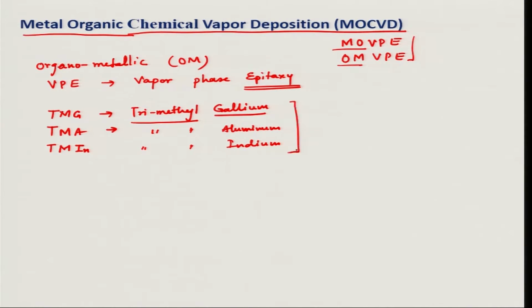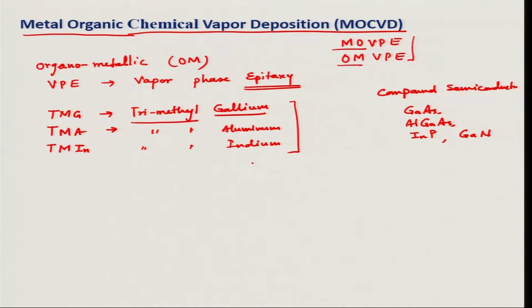Now, these react with another group, either a gas or another organometallic compound, to give you a thin film, and these are mainly used for compound semiconductors such as gallium arsenide, aluminum gallium arsenide, indium phosphide or gallium nitride. These are some of the examples of the materials grown by this metal organic chemical vapor deposition method.